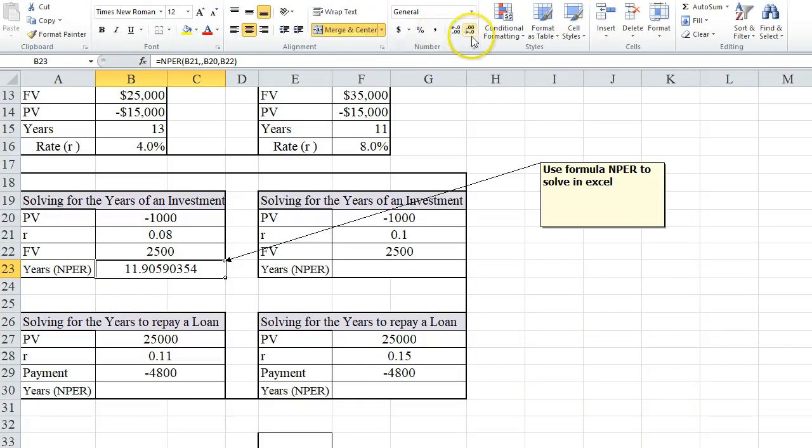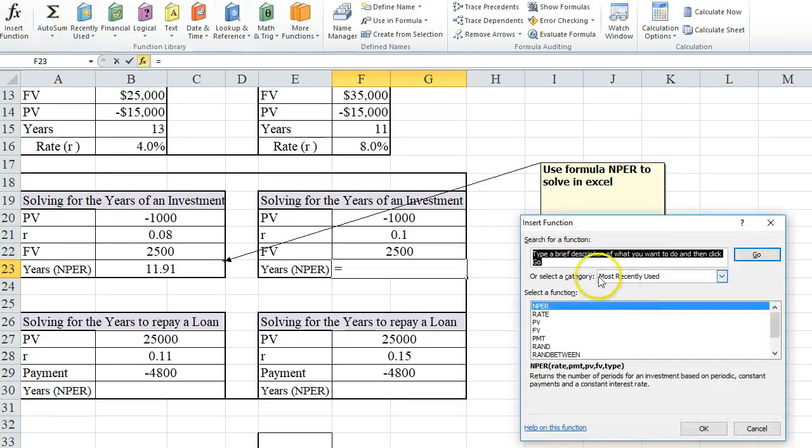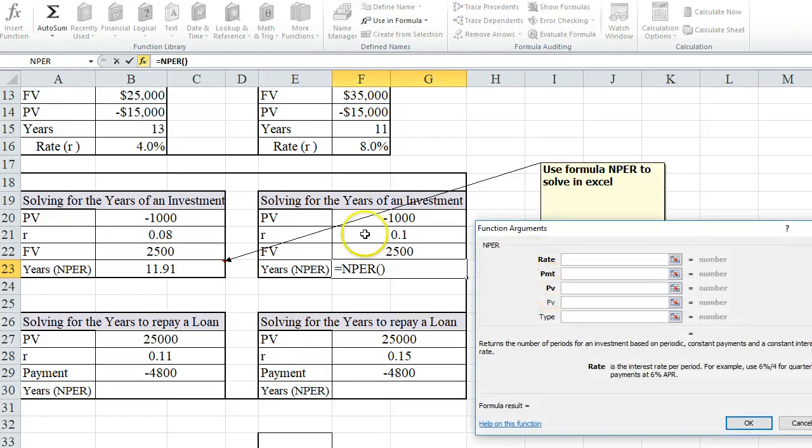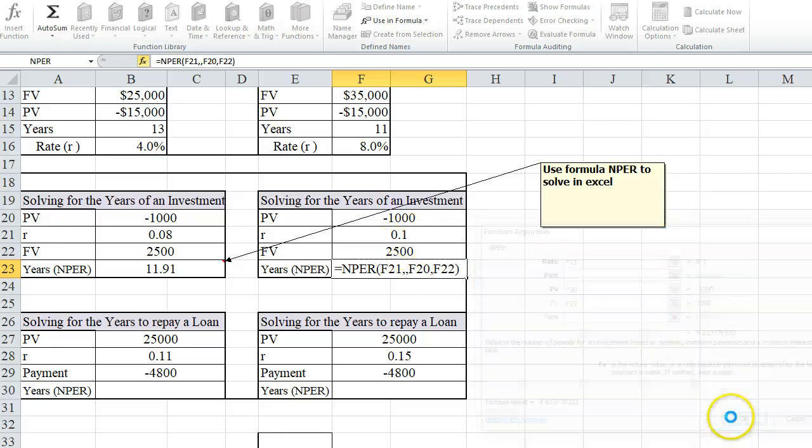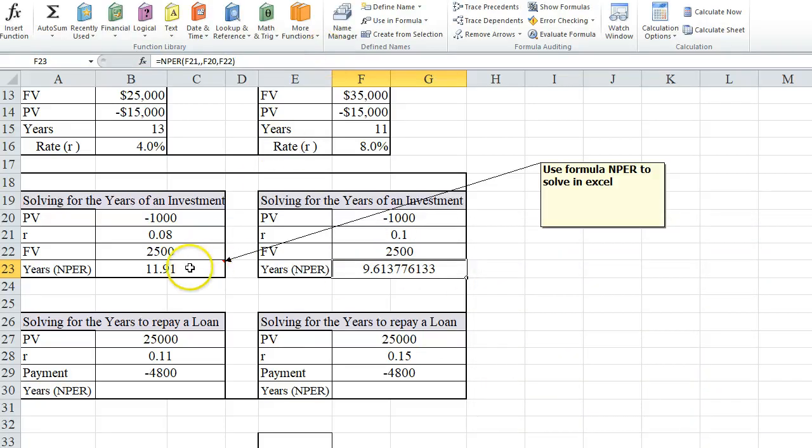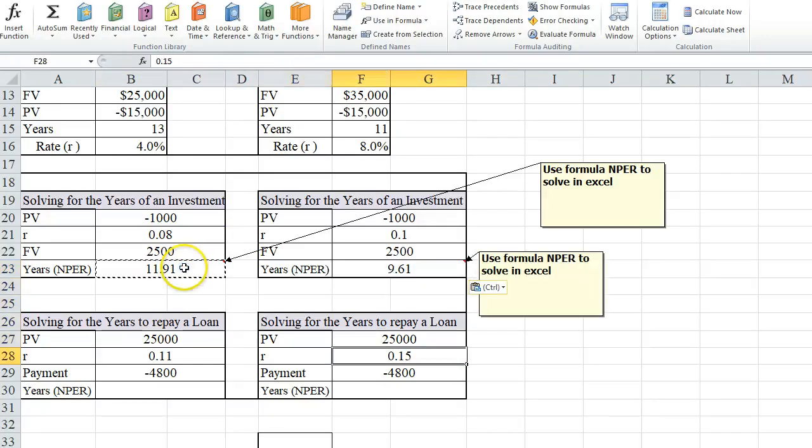So let me format this down to 2 decimal places. And we'll do that one more time. Our rate, present value, future value, and we can know what the amount of years it will take to save for this investment.